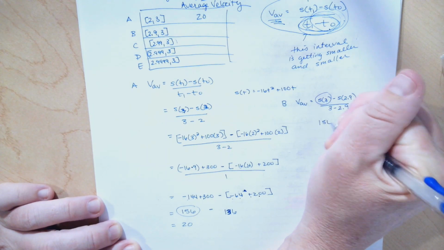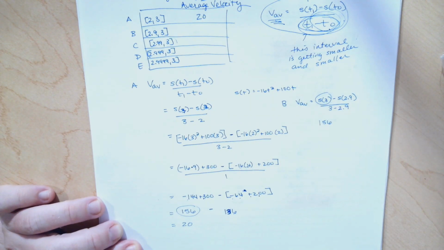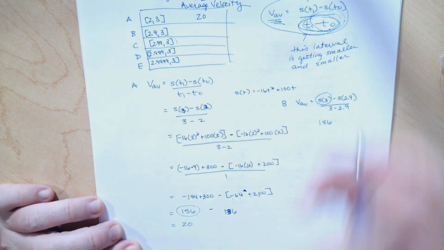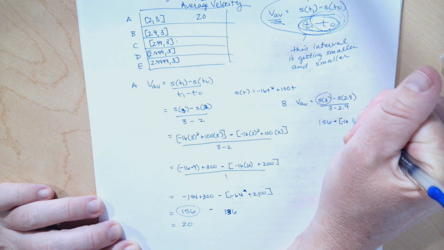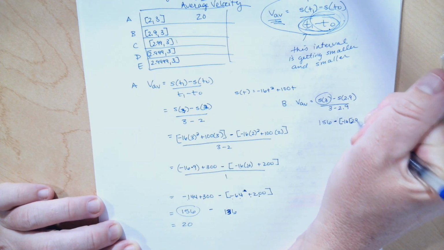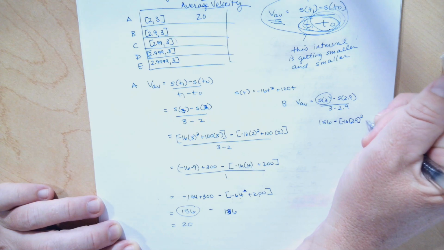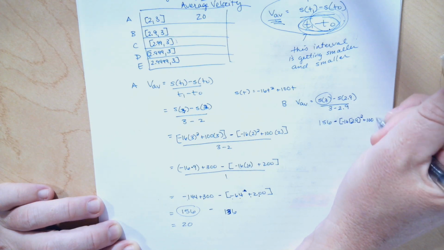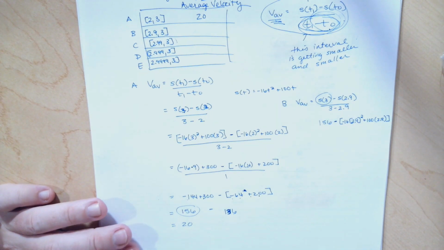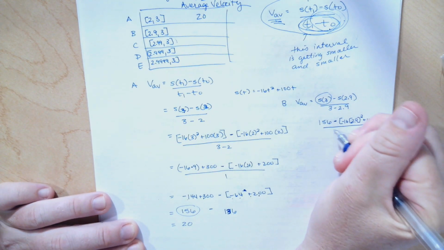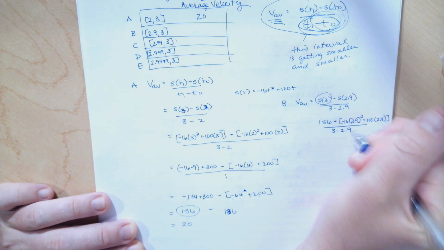I get to write 156 over here. And then S of 2.9 is negative 16 times 2.9 squared plus 100 times 2.9. I'm going to have to get out a calculator for all this. And then over top of it, you're going to do 3 minus 2.9.